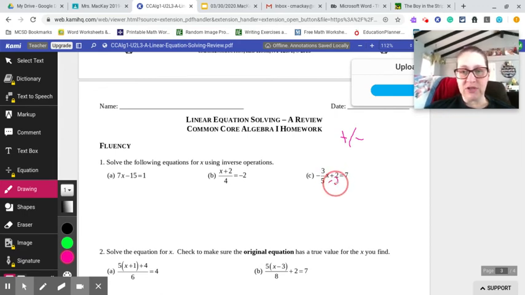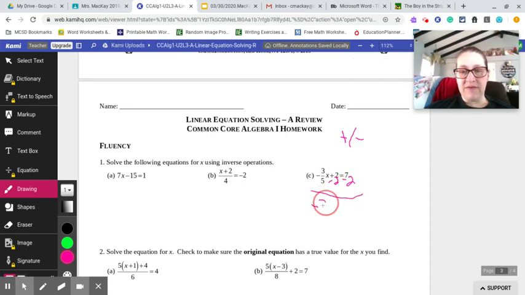That leaves me with negative 3/5 x equals 5.